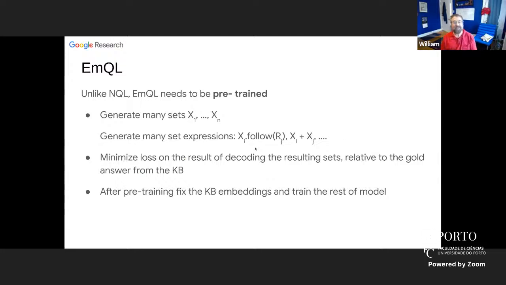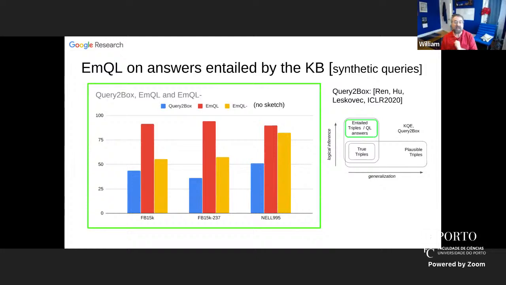We just did examples of these follow inferences and the union inferences, and then trusted the system to compose those things to make more complex queries correctly. And once you've trained that, then you fix all those embeddings and you just train the rest of the model, just as you did with NQL. All right, so we've got our inference algorithm, we believe in that, and we just train the other parameters.